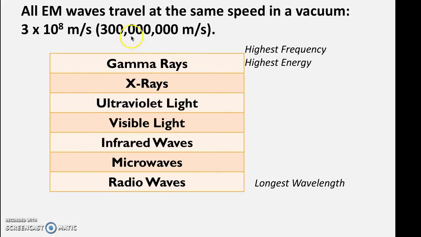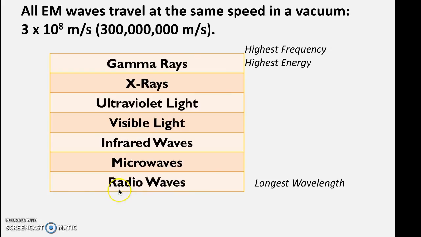They all travel that same speed, but they have different amounts of energy, all the way down from radio waves to microwaves, infrared, visible light, UV light, X-rays, and gamma rays. You've heard of all of these things, but you've heard of all of them separately. Probably you didn't realize that these are all the same.